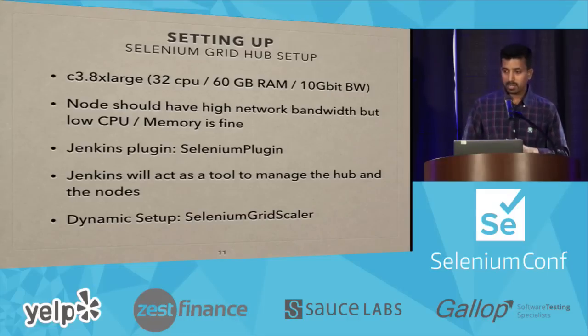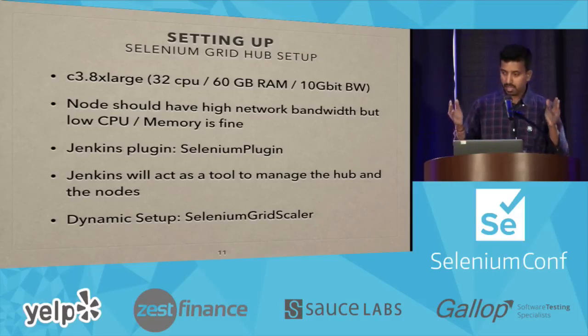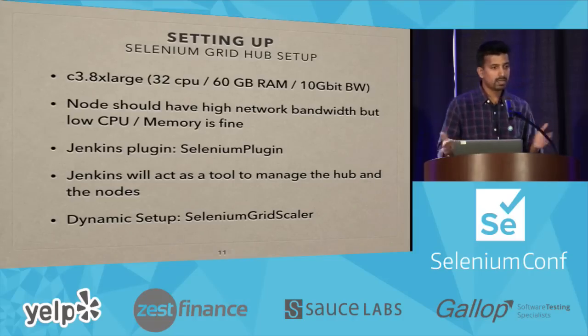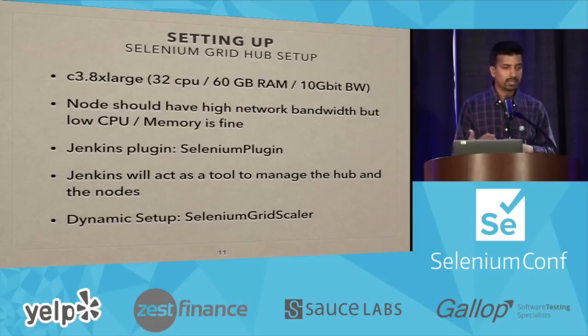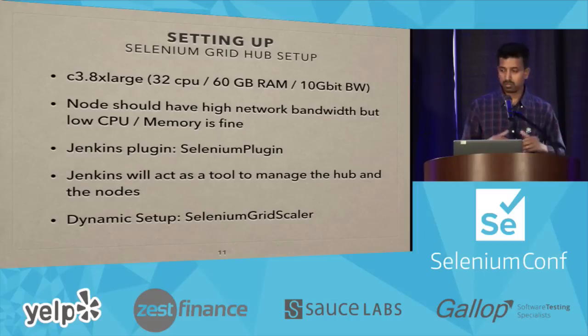And for the Hub, for static setup, as I said, we use the Selenium plugin. You can have a master Jenkins and install this plugin, and the master Jenkins itself will act as Hub, and you can add any number of AWS nodes as slaves, and those will act as grid nodes. The plugin will manage your whole Hub and node setup.